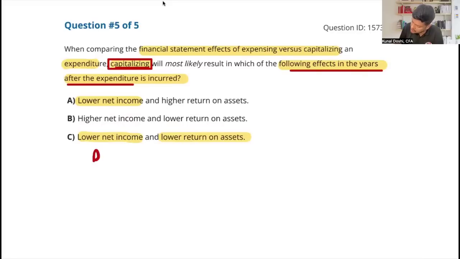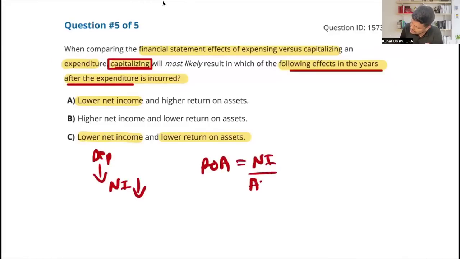So because of depreciation, what will happen? My net income will go down, correct? And in case of ROA, which is net income over total assets, right? What will happen? Later on, my depreciation will exist in the next year, correct? But the assets value will also drop further.